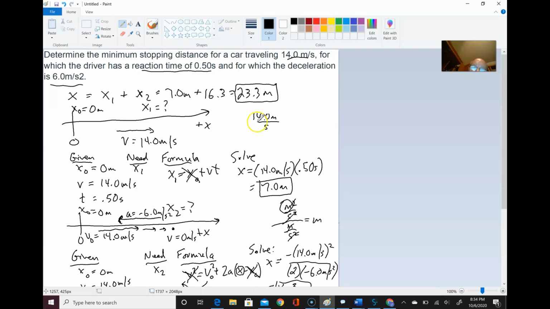And I know that we've got this trick that we can turn meters per second into kilometers per hour if we multiply by 3.6. And if I do that, then I end up with 50.4 kilometers per hour. And then if I multiply that times 0.62, which is a conversion factor to miles per hour, I get that we were initially going 31 miles per hour. So if I was going 31 miles per hour, it would take me about 75 feet to stop, about 25 yards. So about a fourth of the distance of a football field.